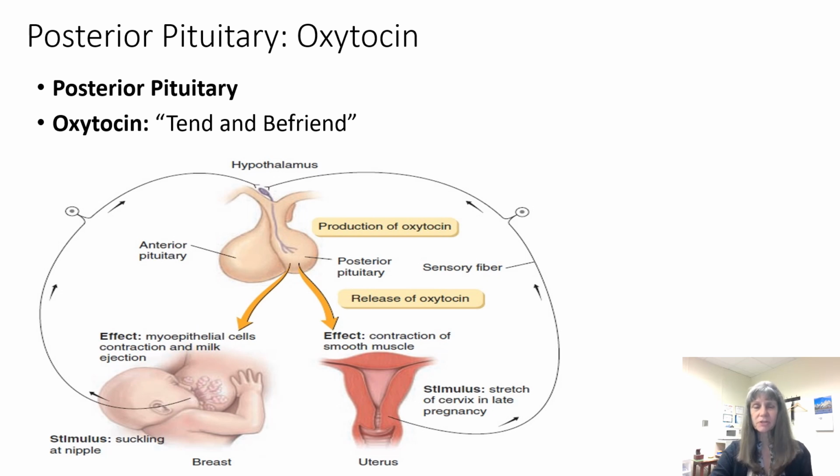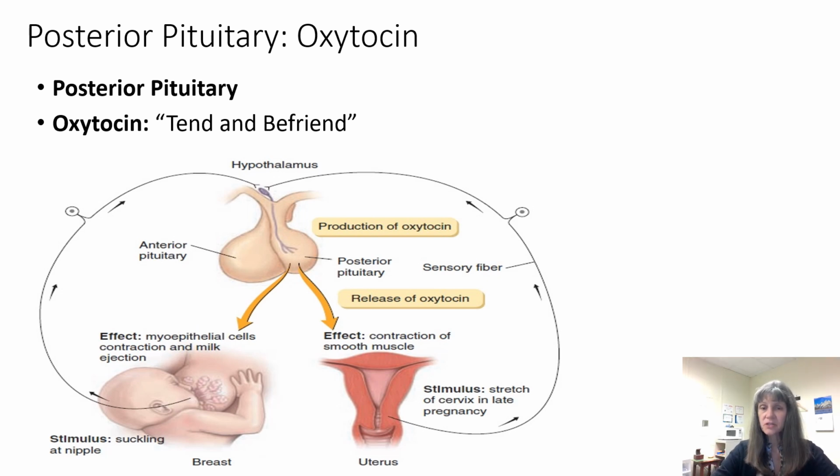Oxytocin released from the posterior pituitary is often referred to as the tend and befriend hormone because it's a very bonding hormone. It's what's released by the posterior pituitary when an infant is nursing. It causes the smooth muscle myoepithelial cells around the mammary glands to contract, so milk is actually ejected during breastfeeding.